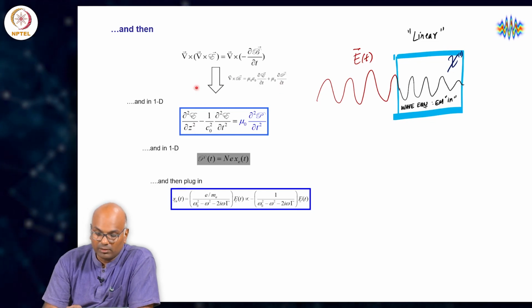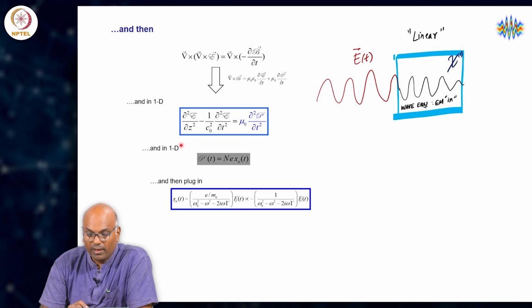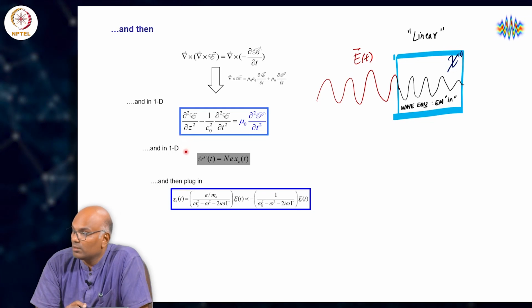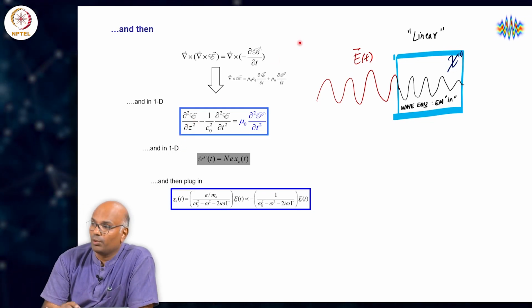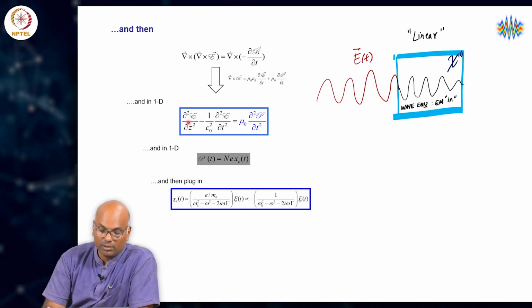Substitute for that in the equation here, and we use the fact that divergence of E was 0. We have used that in jumping to this equation. You can do this well, you have already deduced the wave equation.